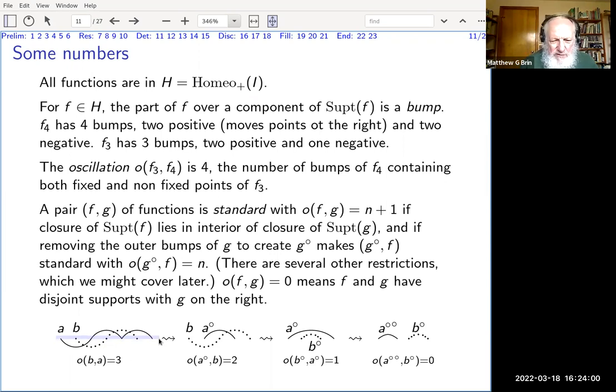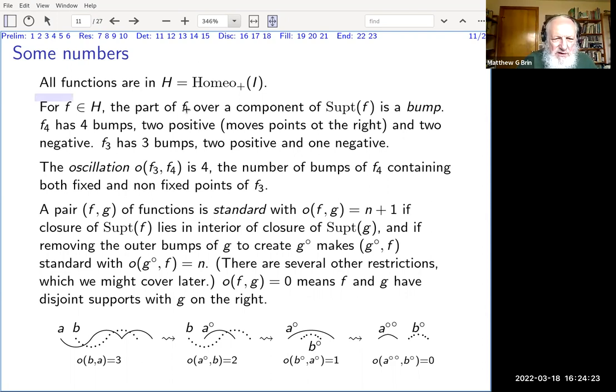The whole picture has been tilted 45 degrees, and the horizontal line is now the line y equals x. We're not bothering to draw the x and y axes, which are at 45-degree angles. And so A is a function here with 3 bumps, B is a function with 2 bumps, and I'll get to that in a minute.